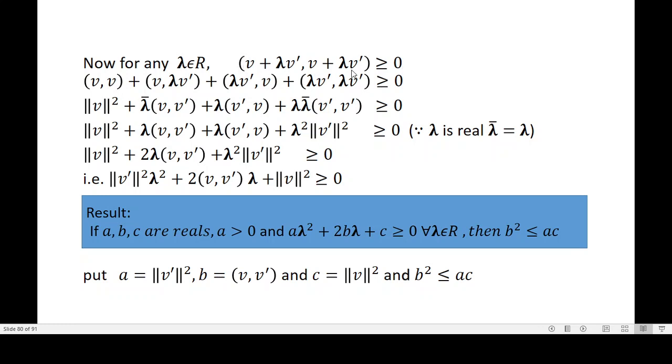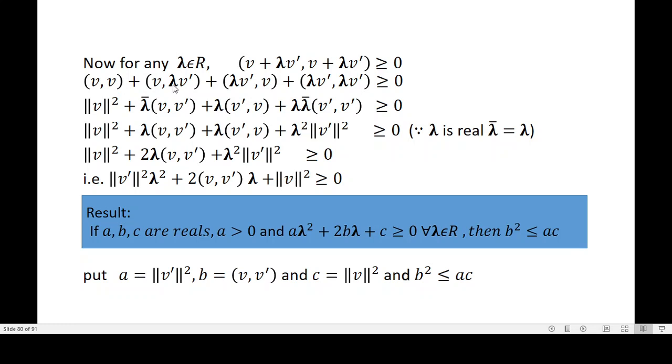Now let us simplify the left hand side. This is equal to inner product of v comma v plus inner product of v comma lambda v dash plus inner product of lambda v dash comma v plus inner product of lambda v dash comma lambda v dash, that is greater than or equal to 0. Inner product of v comma v is norm v squared.